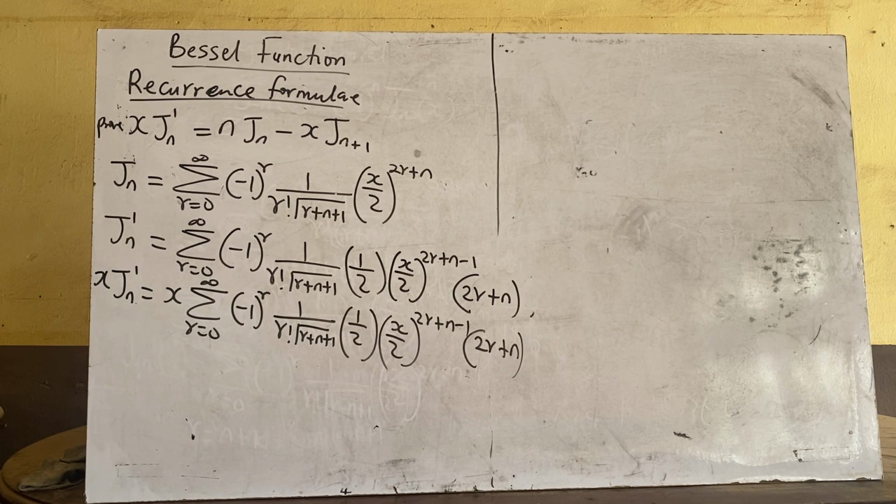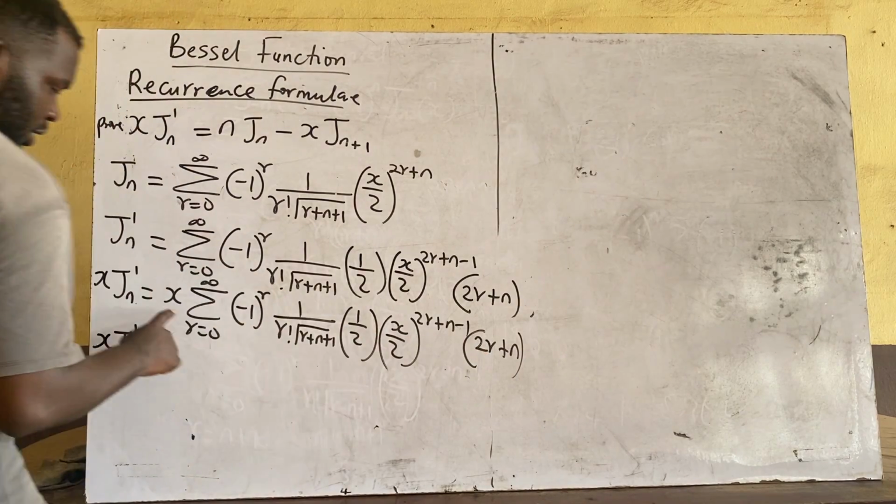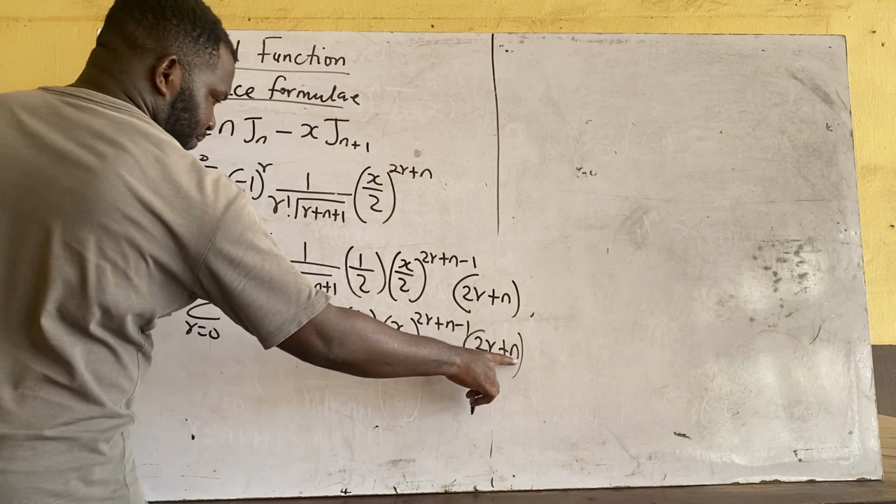So if you separate, x J_n prime will now be separated: this x, with everybody, will multiply 2r, and this x, with everybody, will multiply n.